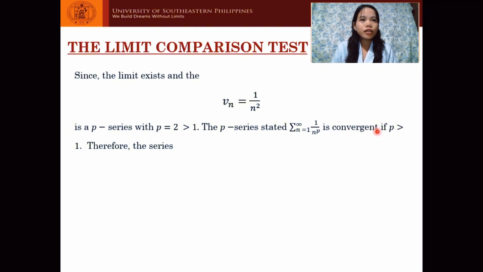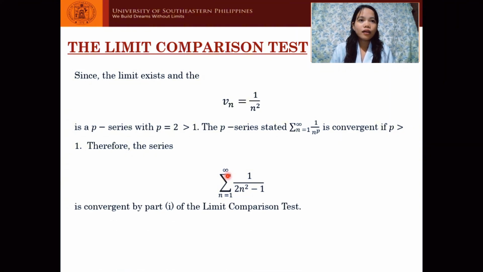So as you can see here, our p is 2, which is greater than 1. Therefore, the series that we have, which is the summation of 1 over 2n squared minus 1 from 1 to positive infinity, is convergent by part 1 of the limit comparison test.